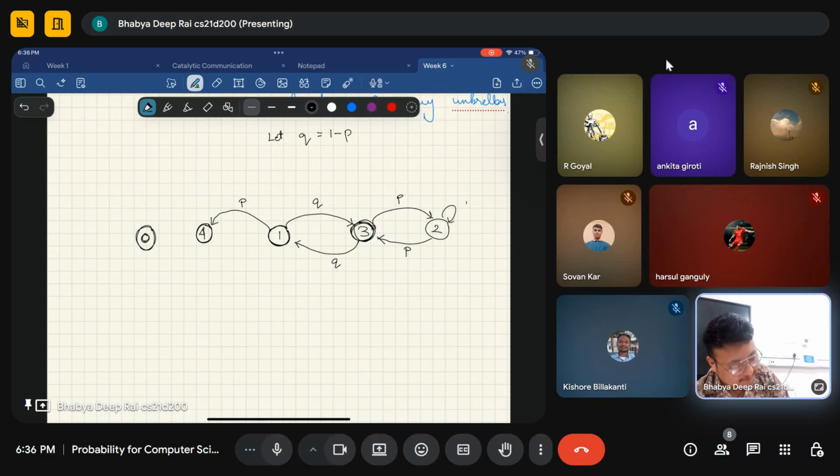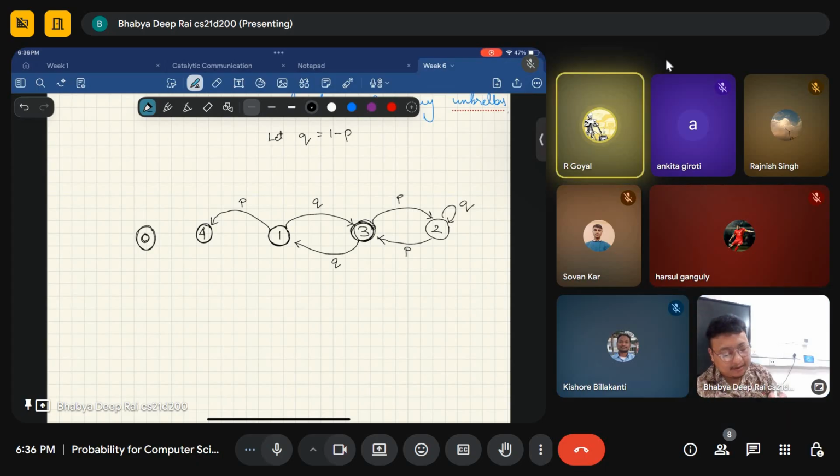And similarly for 4, if it rains, then I will make a move to 1. And if it does not rain, then I will make a move to 0. And from 0, if it does not rain, then I will move to this 4.